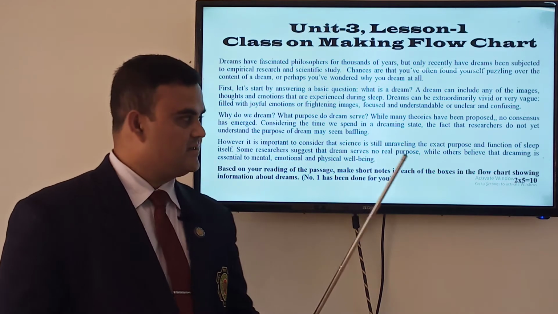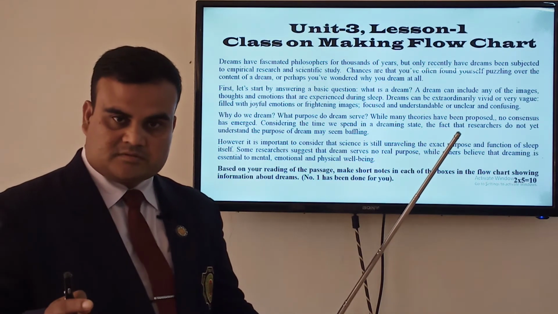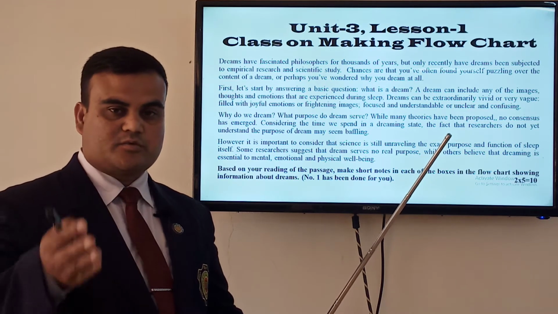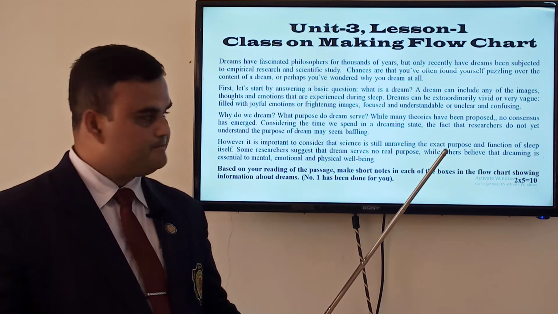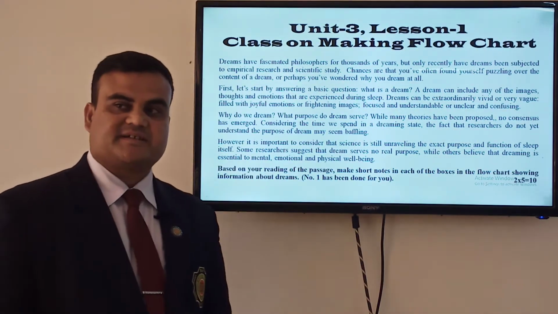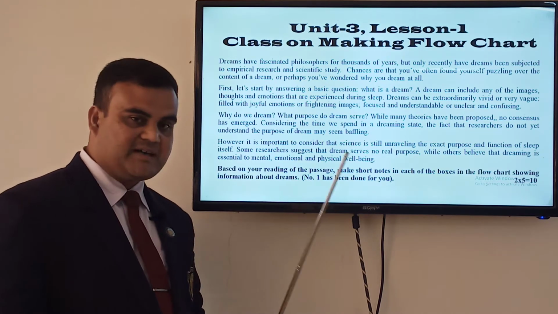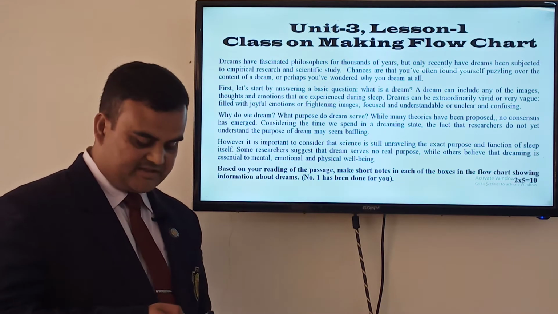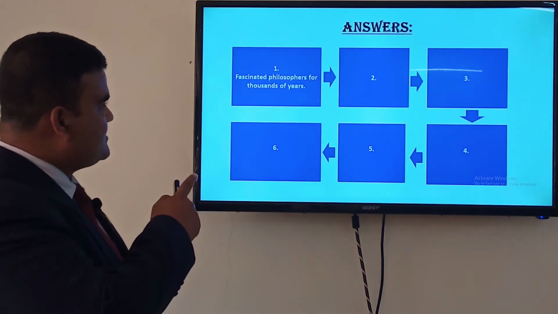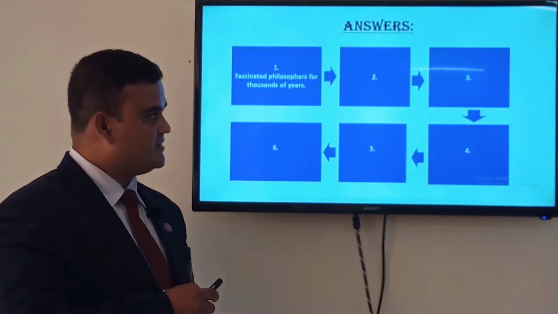Your target is, as you are to answer about 13 or 14 questions throughout your question paper in the English first paper exam, that's why you must follow some techniques. To answer this flowchart, you must bear some techniques in your mind, as the question originates with fascinated philosophers for thousands of years.